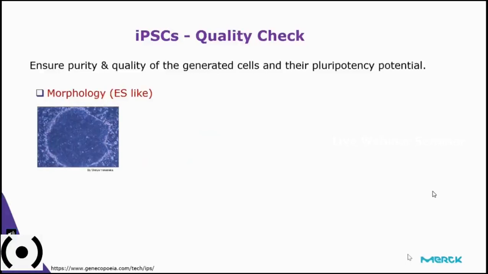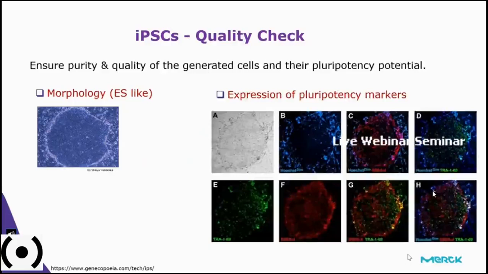There are certain biomarkers which are expressed on embryonic stem cells. All those biomarkers should also be present on induced pluripotent stem cells because they are responsible for the pluripotency. So you can go for immunohistochemistry and look at whether those biomarkers are expressed or not, right?